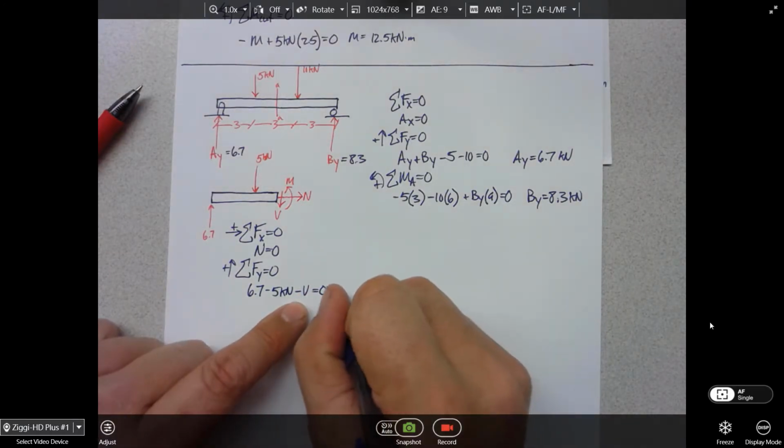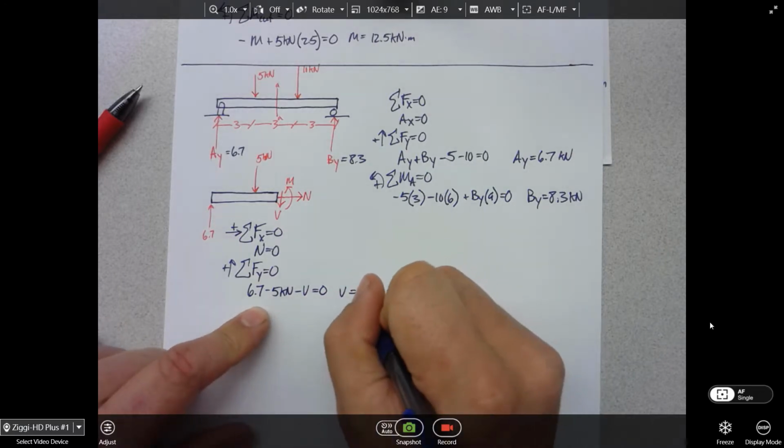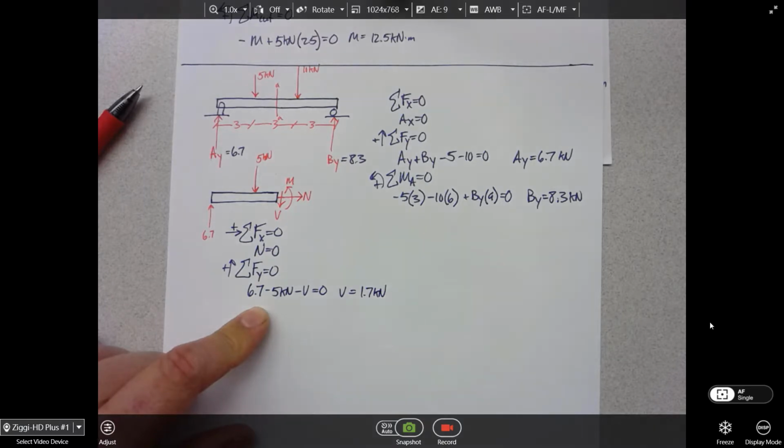Looks to me like the shear force is going to be 1.7 kilonewtons.